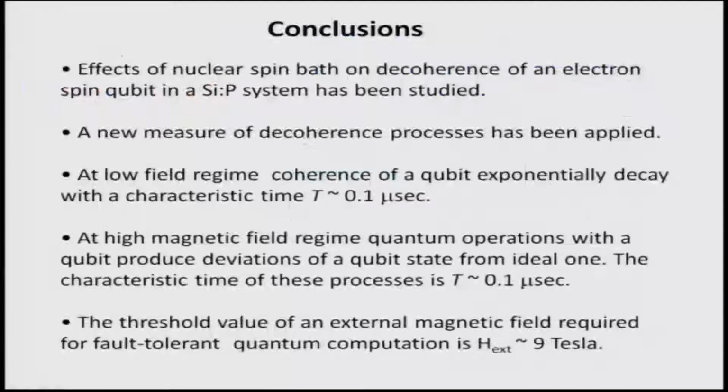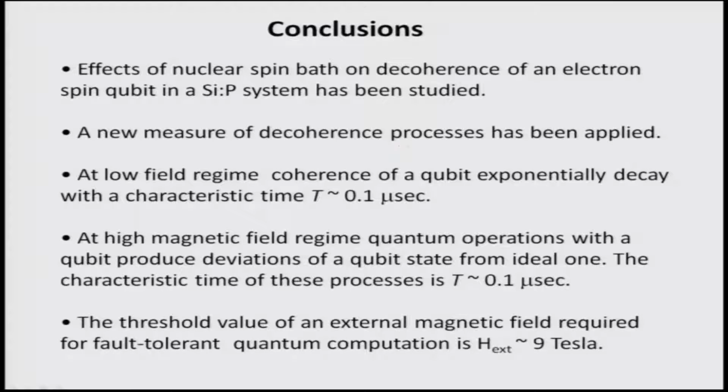So, the conclusions of this part, in terms of the donor electron interaction for nuclear spin, are that the effect of the nuclear spin bath on the decoherence of an electron spin qubit in a silicon phosphorus system has been studied heavily by many groups.